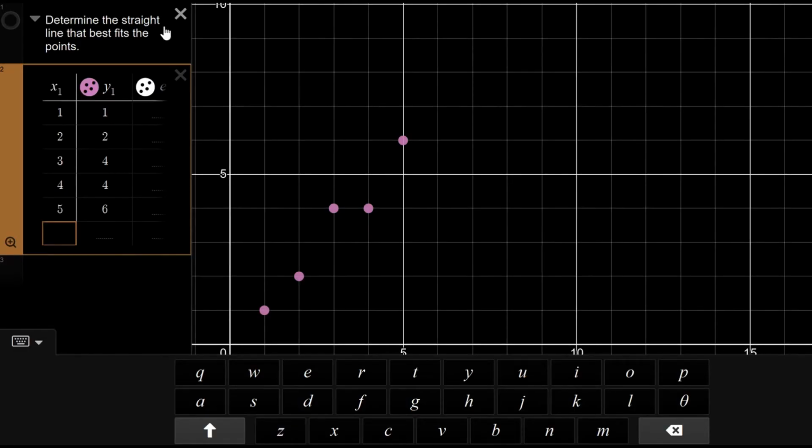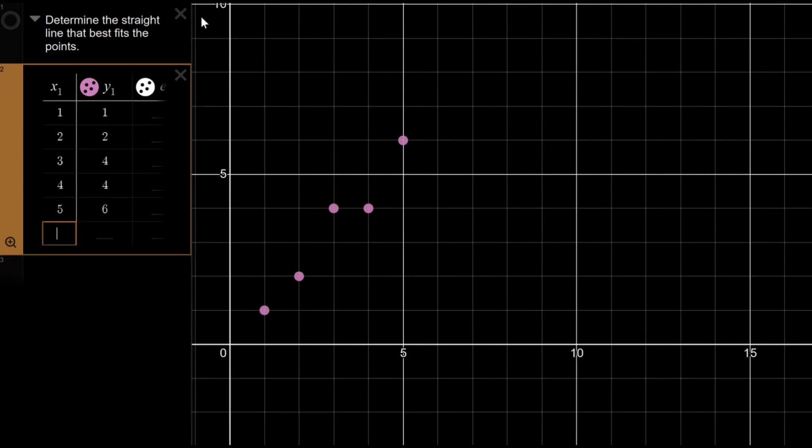Let us try to determine the straight line that best fits the points (1, 1), (2, 2), (3, 4), (4, 4), and (5, 6). All these points are plotted here with an x-axis and a y-axis. For the data we have plotted here, we are trying to fit the line of best fit.